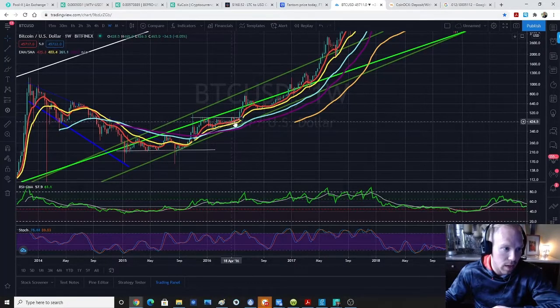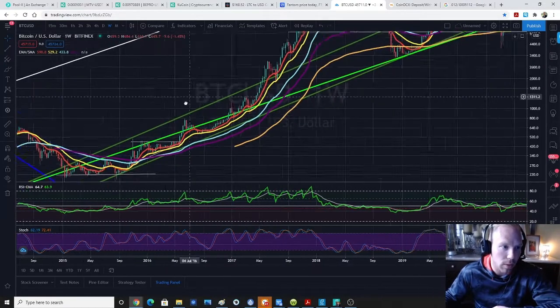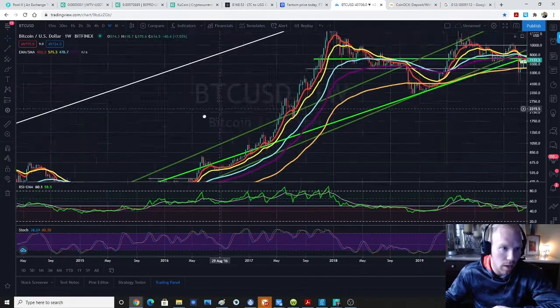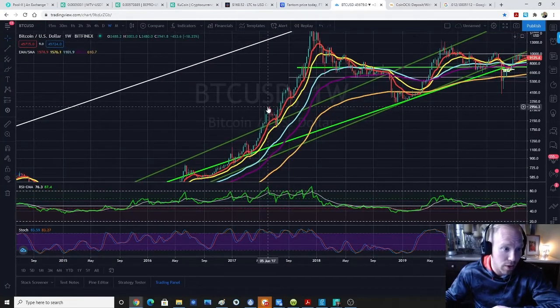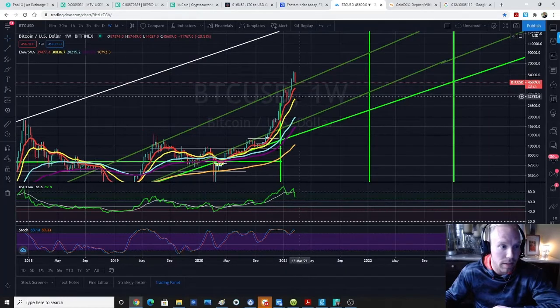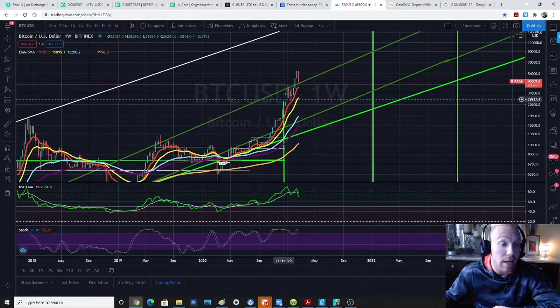And when it was coming out, it was just riding the 21 weekly. But actually, it just made one huge run and then hit the yellow. So since we already hit the red once here, the 10 simple, or 10 EMA, this is exponential, the likelihood of hitting this is pretty high.